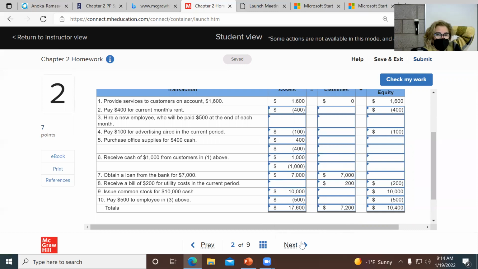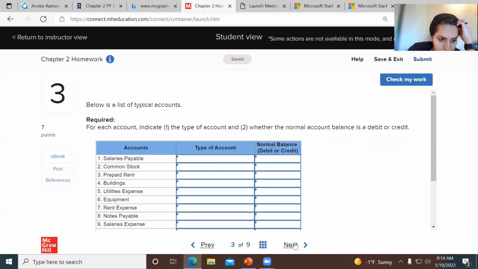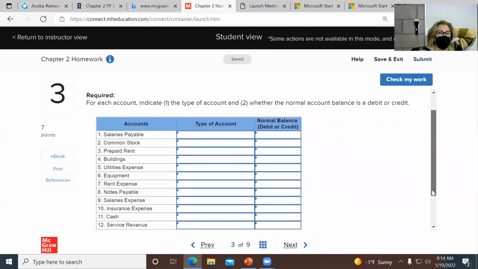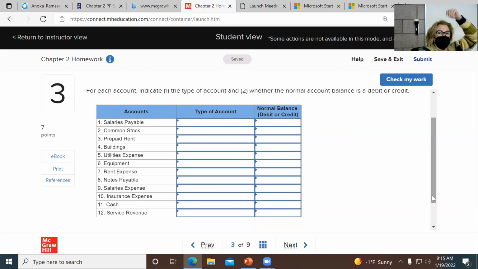You gonna do another one? This one actually, I want you to do on your own here. I want you to think about it. The key here is you need to know, is this an asset? Is this a liability? Stockholders' equity, revenues, or expenses?